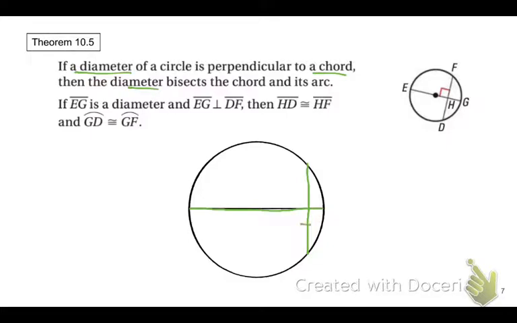So these two lengths are going to be equal, and its arc, so this arc is going to be congruent to this arc.